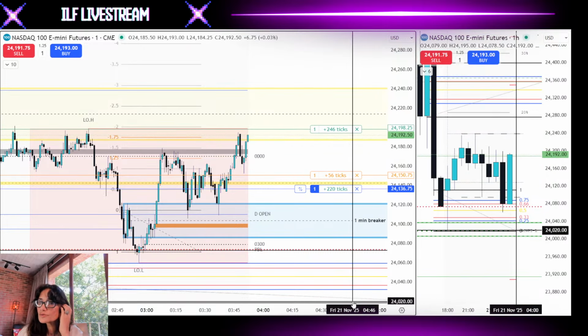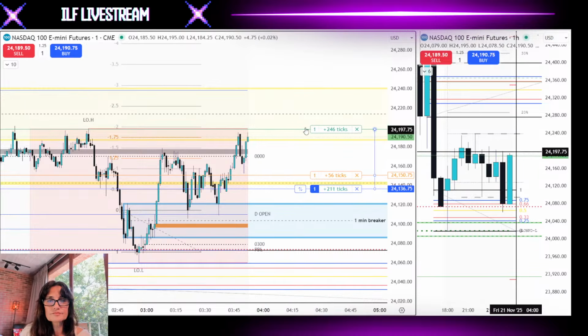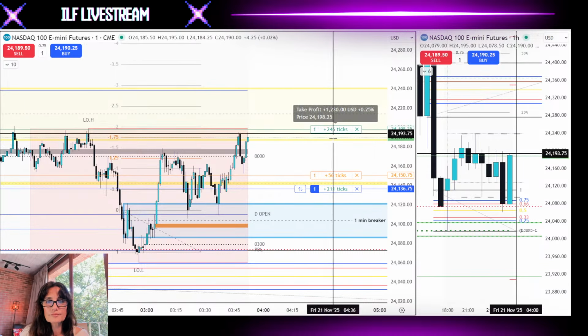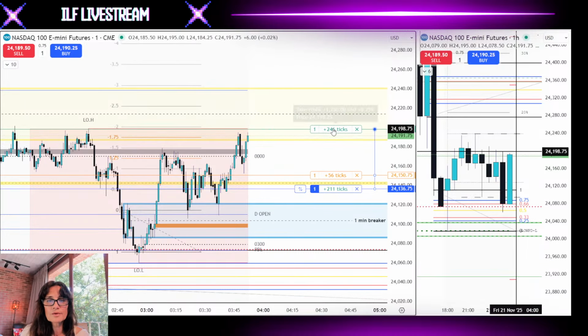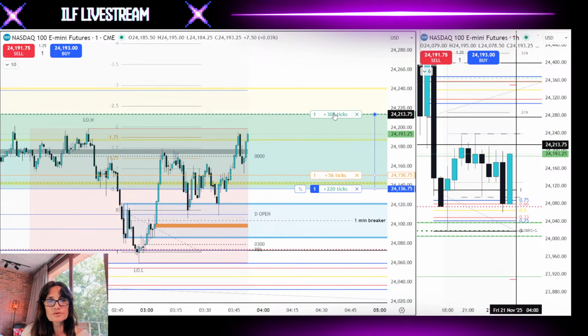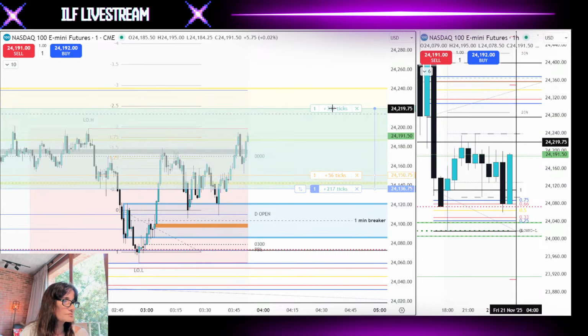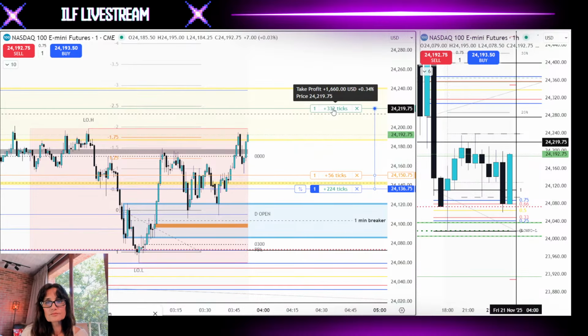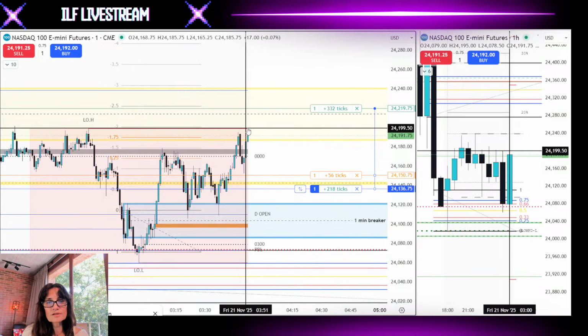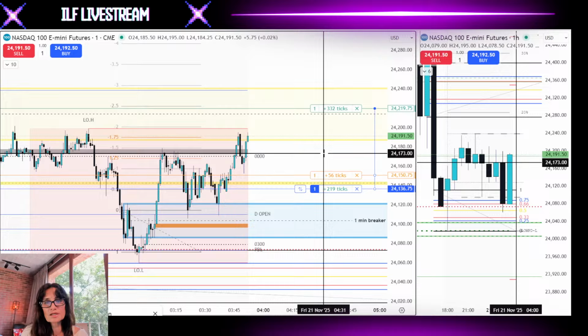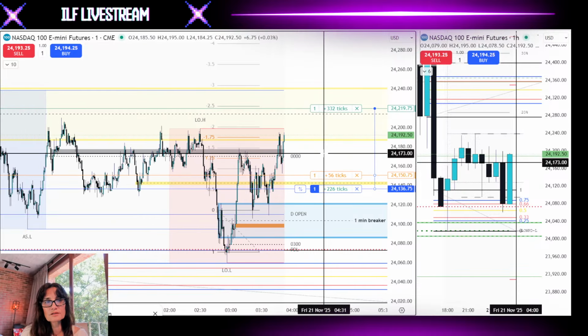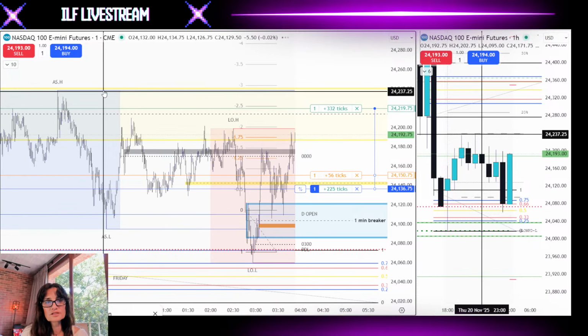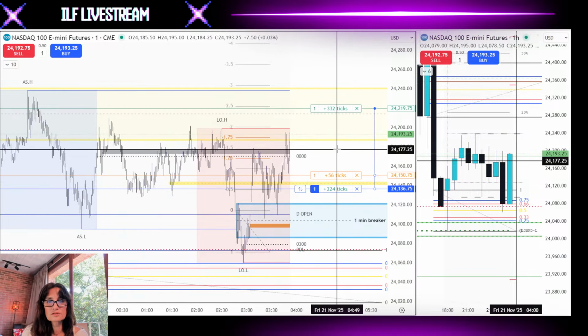But I do think there's more room to the upside. I'll just frame it, but normally I would get out here, but I'm just going to take it higher. On a day like this, I would take it here, but I do think we are going to this level here. We'll see.